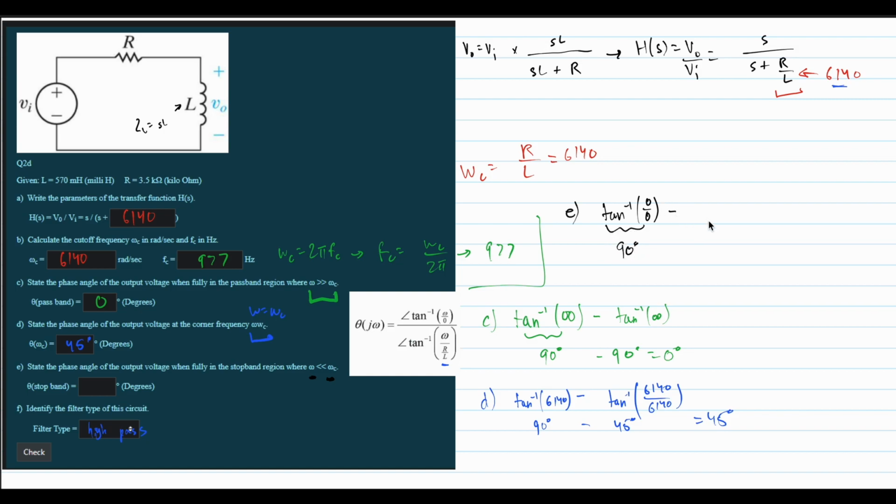We're going to subtract the denominator angle. The denominator angle, we're going to have tangent -1 of some really small value, which is like 0 degrees, over our 6140. And then this is going to give us 0, because tangent -1 of 0 is 0, so minus 0. So the answer to this last part, part E, is going to be 90 degrees.